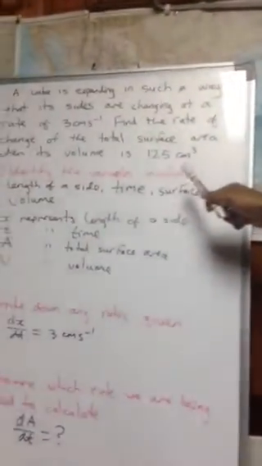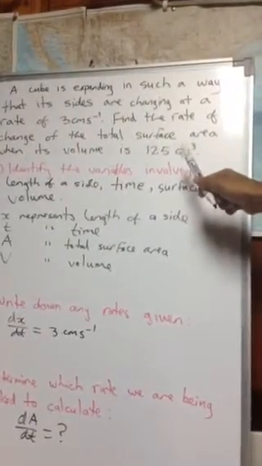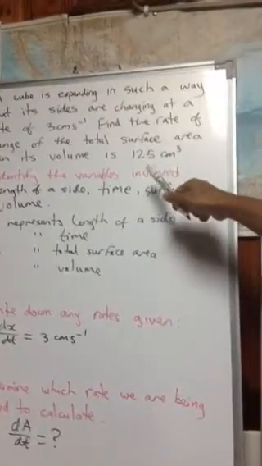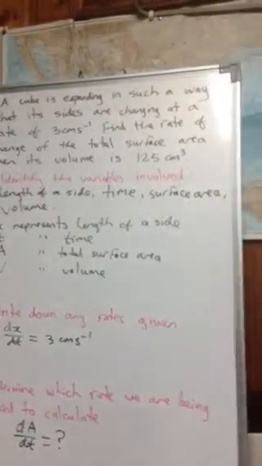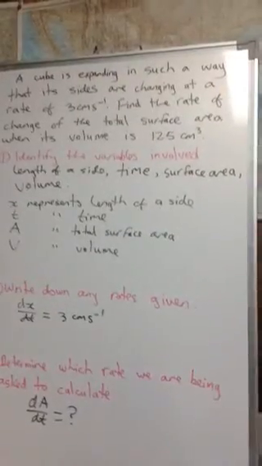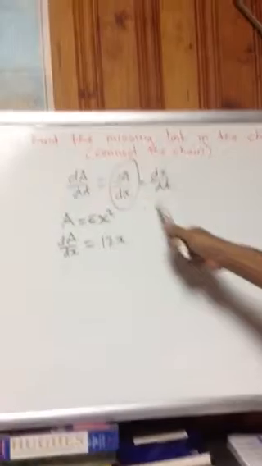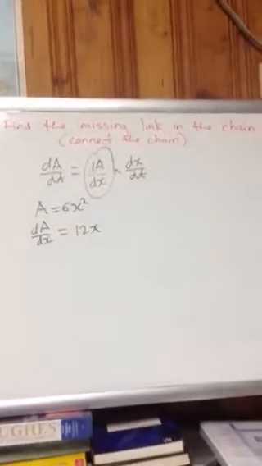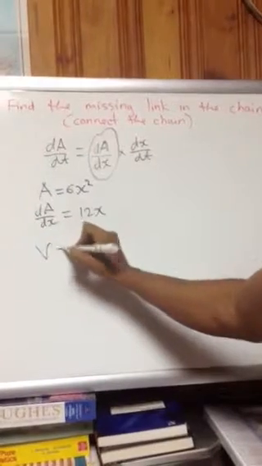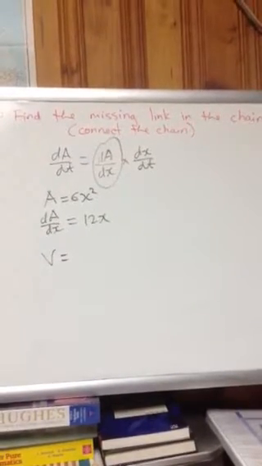Recall that the volume at this instant, when we want to find the rate of change of total surface area, the volume is 125 centimeters cubed. This is the only role that volume plays in this question. Notice that volume was not involved in linking this chain. The only role that volume plays is to allow us to calculate x.